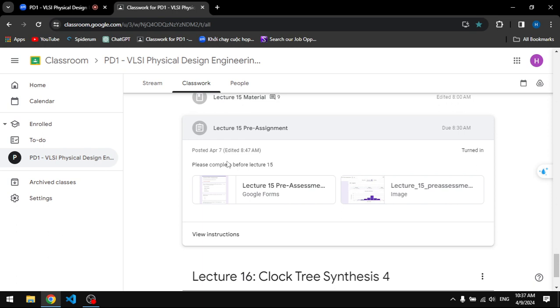But can you go back to the previous slide? I think that's the skew number, right? Can you compare the before and after? The skew over here, the insertion delay. Yeah, the insertion delay min and max, so the difference between the min and max is going to be your skew, right?